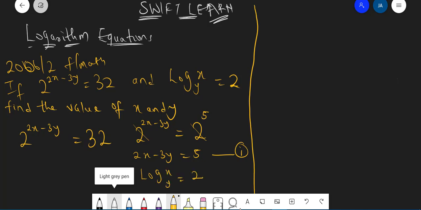The next one, you have log x of y equals to 2. You need to get a relationship between x and y. I don't like this log here. It's irritating. I need to remove it. So for me to remove it, I perform what I said the other time. Y will be equals to x raised to 2. Equation 2. I know this looks different from what you usually see.